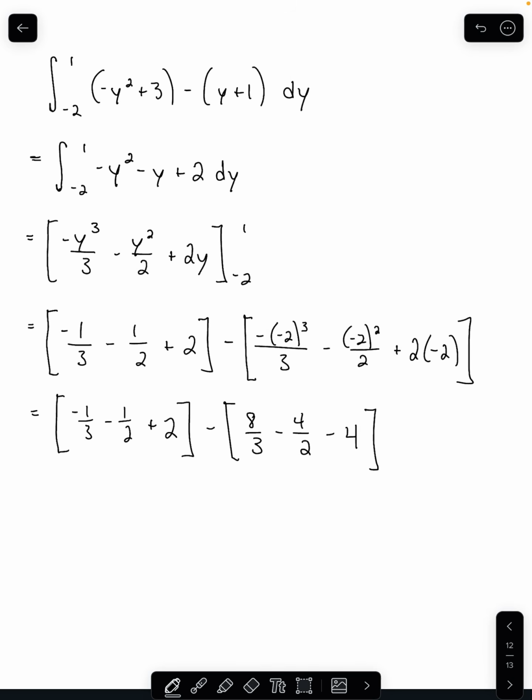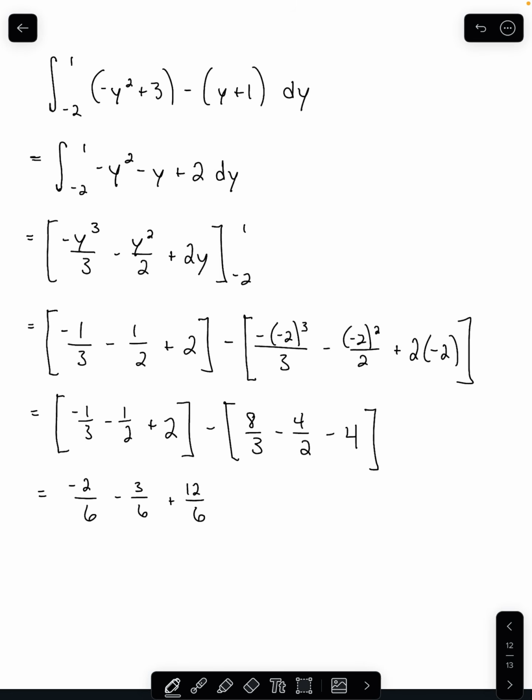This is actually a very familiar integrand and therefore a very familiar antiderivative from a previous example. So, as we saw in the previous example, I'm going to choose not to simplify the 4 over 2 to a whole number. I'm going to choose to leave it as a fraction because I'm going to need to form a common denominator here. Negative 1/3 becomes negative 2/6. Minus 1/2 becomes 3/6. 2 becomes 12/6.